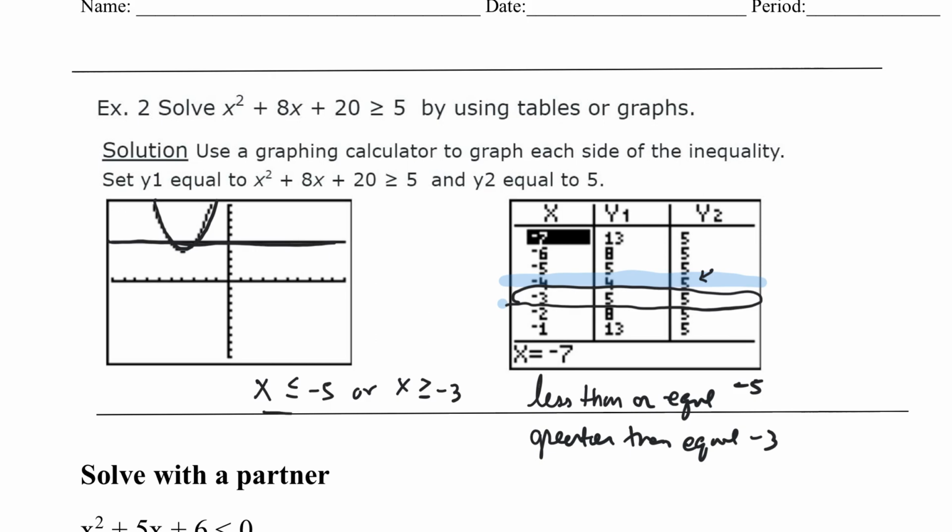Anything that's in between -3 and -5, not including -3 and -5, will not work. So what is the solution? X is less than or equal to -5, or x is greater than or equal to -3. Will satisfy this inequality.